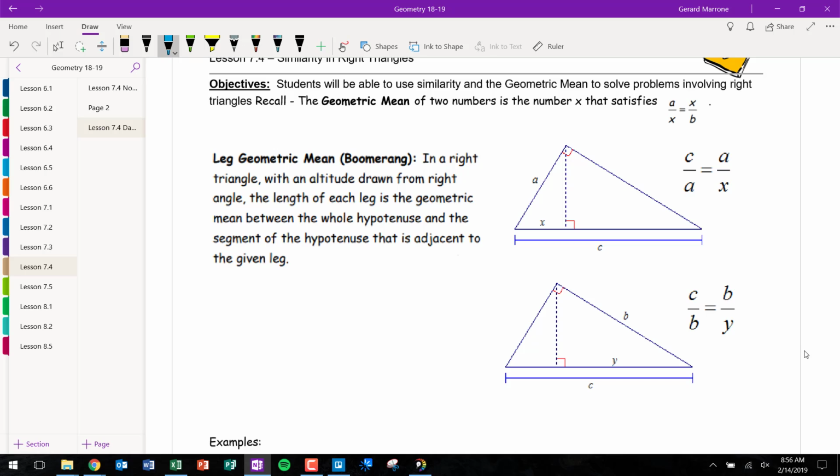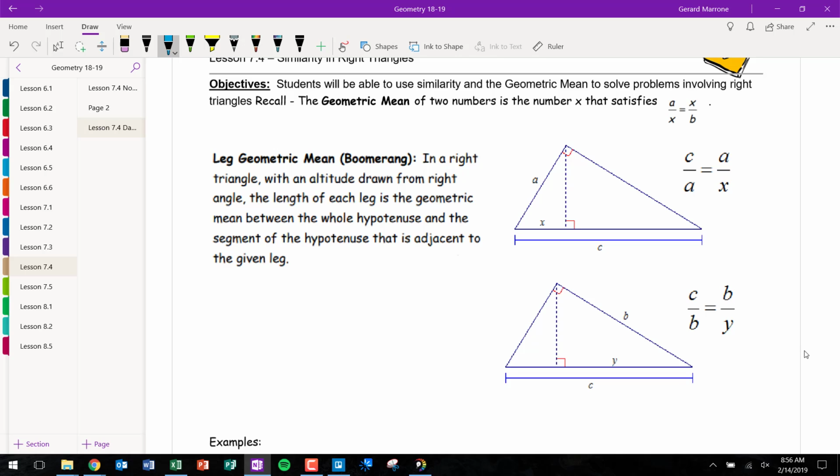In this first example, we've got the littlest triangle and the largest triangle. And when you break them out and draw them apart and set up your ratios and all that kind of stuff, you get this ratio here, that the hypotenuse of the large one over the hypotenuse of the little one is the same thing as the short leg of the larger one over the short leg of the small one.